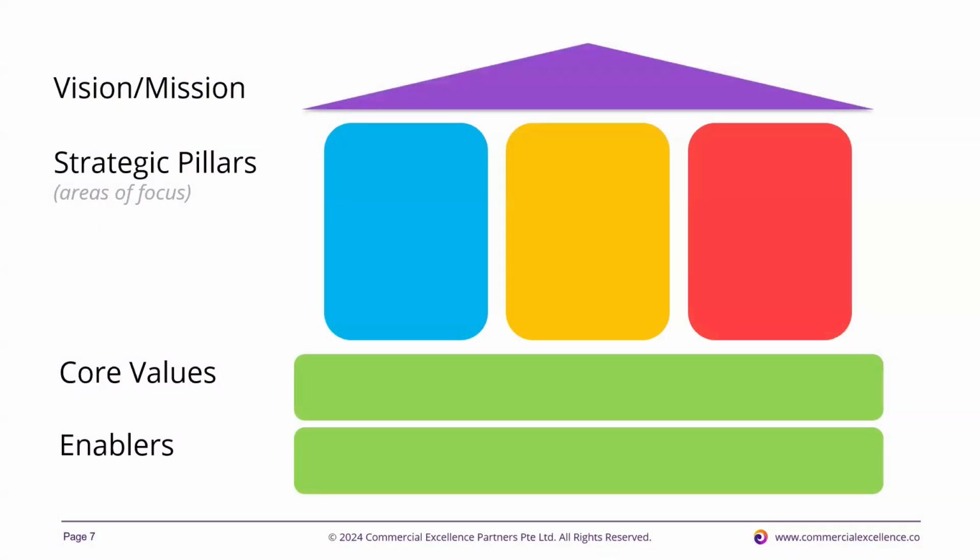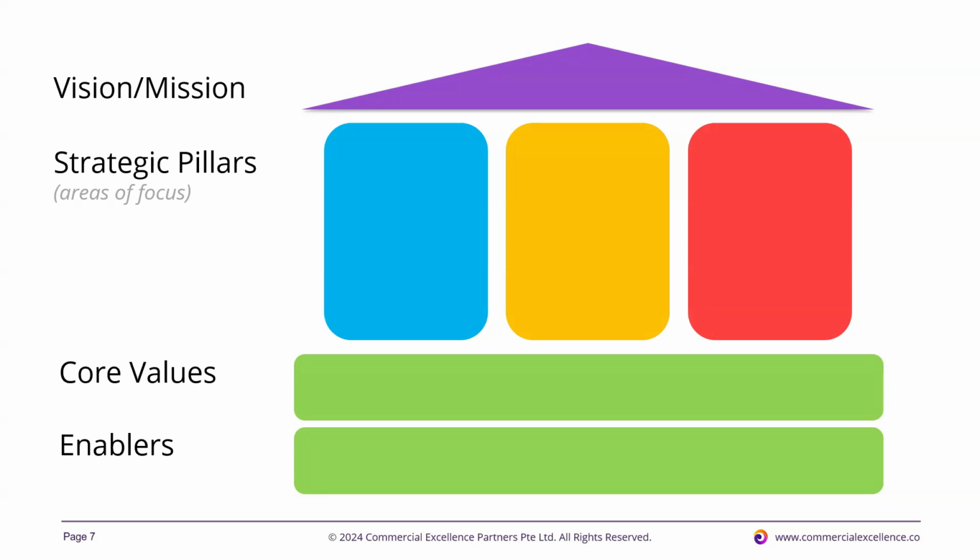So let's review, on a high level, a strategy house. We all know that this is a conventional framework for strategy. We have a mission and vision at the top, which serves as our guiding aspiration for the organization. We have several key pillars, which are areas of focus that we want the organization to be really committed to and keep their focus on.